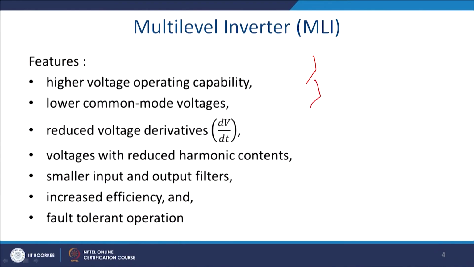Now, what are the desirable features of the multi-level inverter? One of the essential drawbacks is that you require more switches. So what is the advantage of having a multi-level inverter? Higher voltage operating capability: since the devices are connected in series, the voltage blocking capability gets doubled.